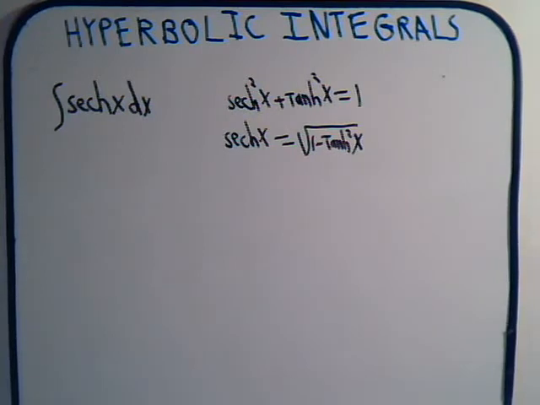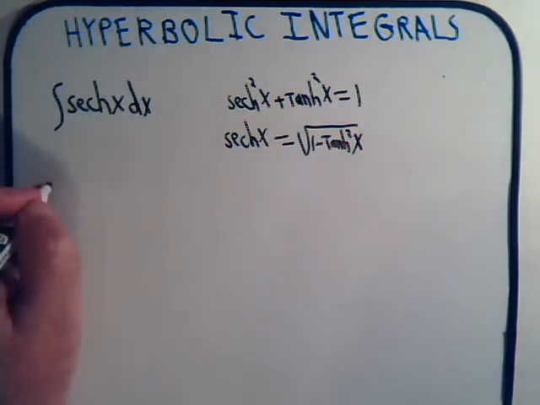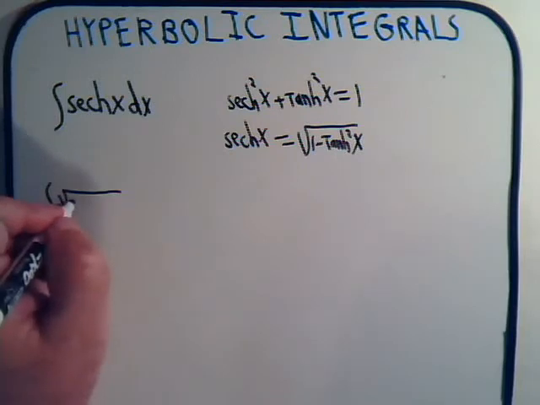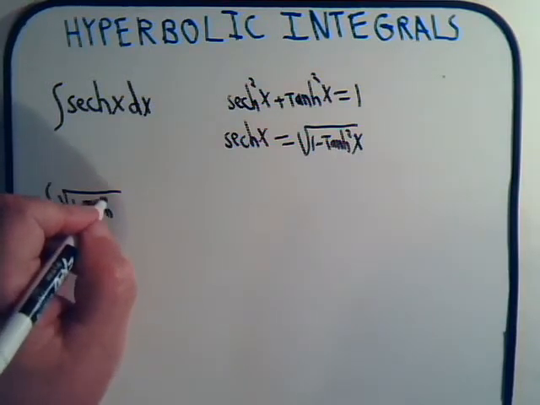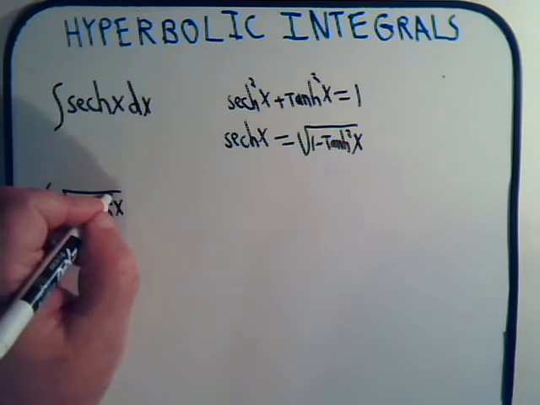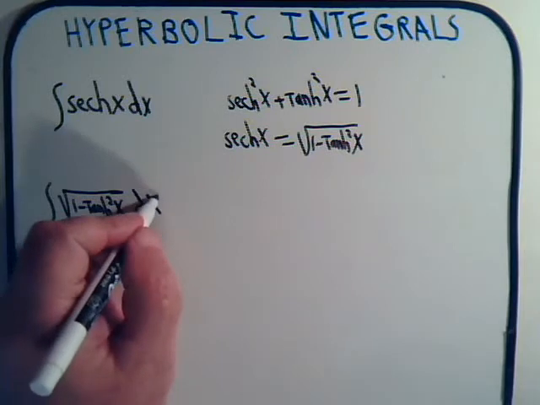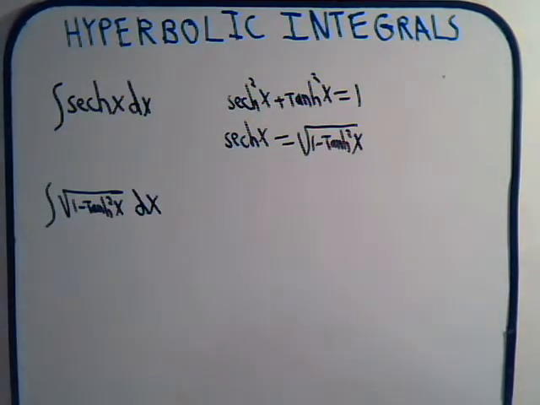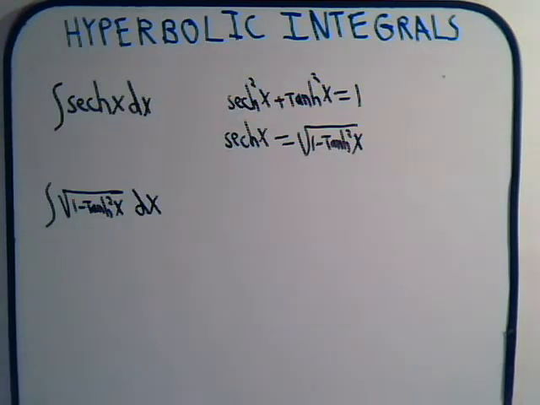And notice that if we rewrote the integral like that, we have the integral of the square root of 1 minus the hyperbolic tangent squared of x dx. Notice what you have here: a constant minus a variable squared. And before I proceed further, let's write this a little bit bigger.